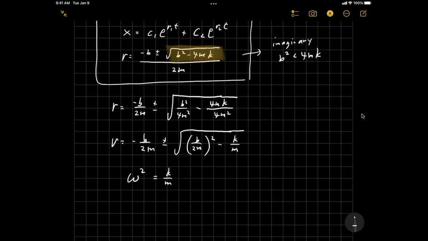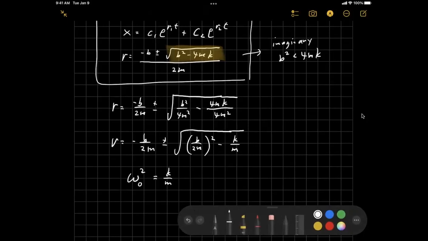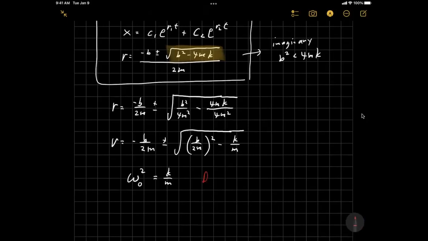Now, the problem is we're going to have a different omega in this solution, because when we have damping, we're going to get some sort of oscillation when we're underdamped, and there will be an omega, but it is not k over m. This we'll call omega naught, which is the angular velocity with no damping.